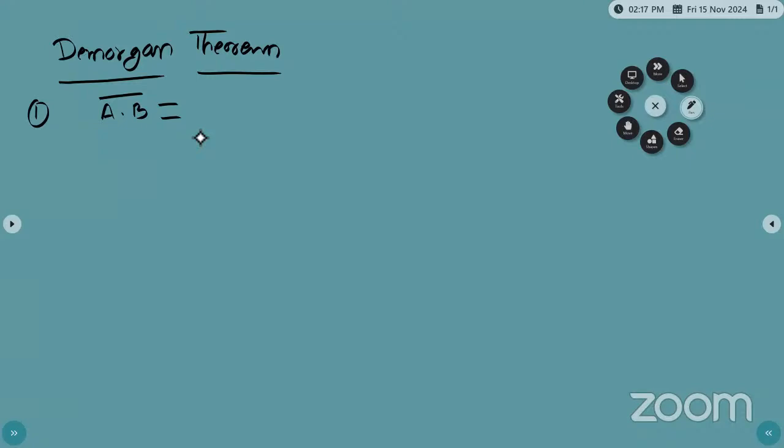NAND gate. The NAND gate expression: the NAND gate has inputs and a bubble. Here without the bubble we get AB, and the bubble is the indicator of NAND gate. So it is the NAND gate expression. Now, if the NAND gate expression is there, that can be evaluated like this.